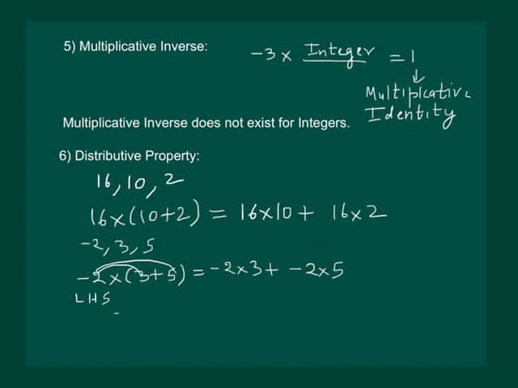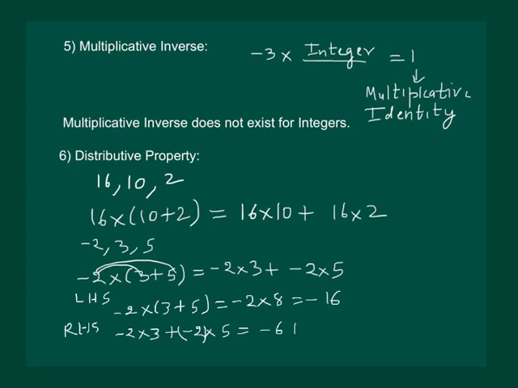On solving the left hand side, minus 2 into 3 plus 5 is equal to minus 2 into 8, which is equal to minus 16. And the right hand side will give minus 2 into 3 plus minus 2 into 5, which is equal to minus 6 plus minus 10, which will give minus 16.